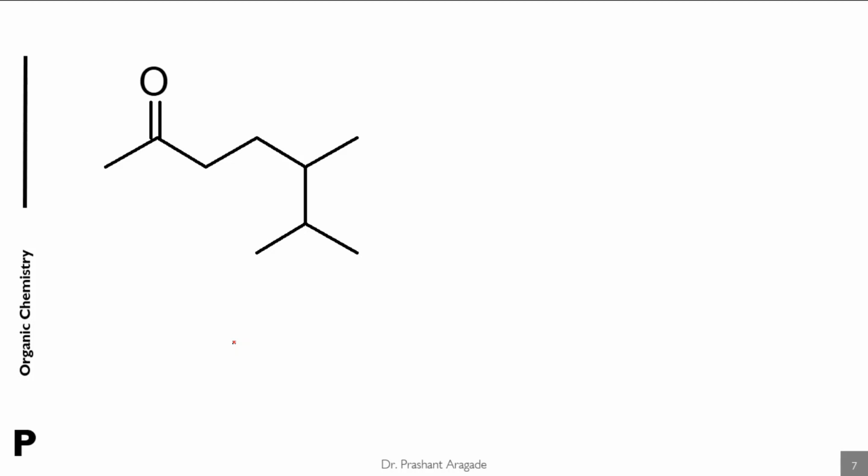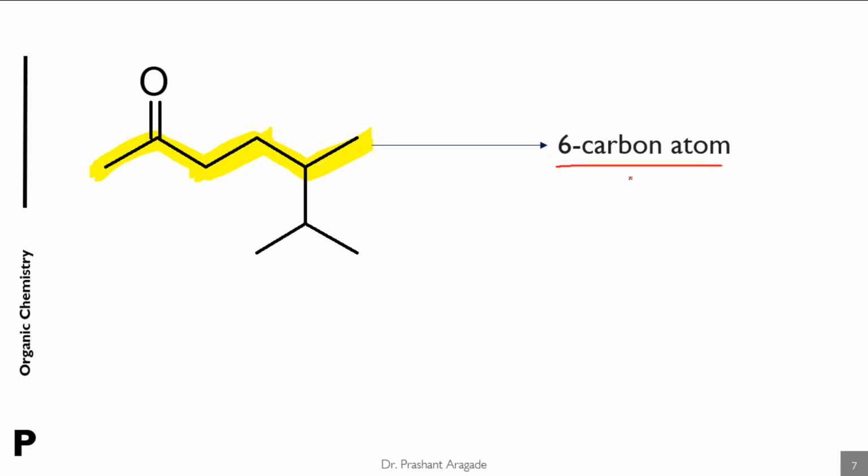So let's see another example. Most of the time students make mistakes in selecting the longest possible chain horizontally. If you select the chain like that, in which there are 6 carbon atoms, but you have forgotten about these carbon atoms.